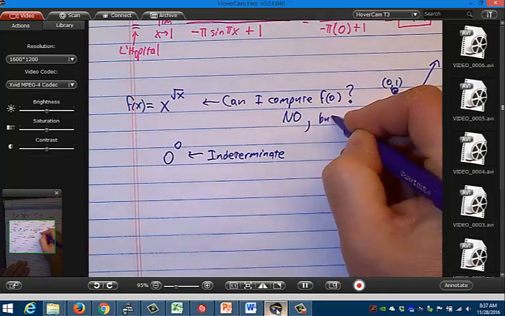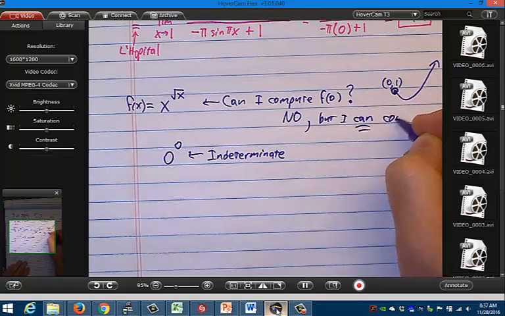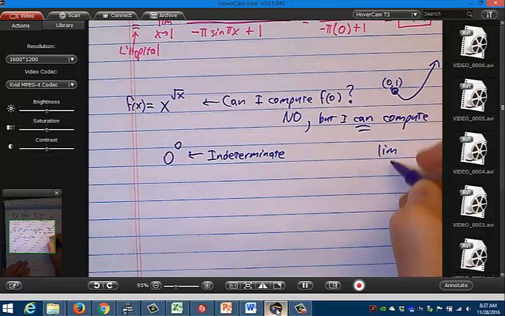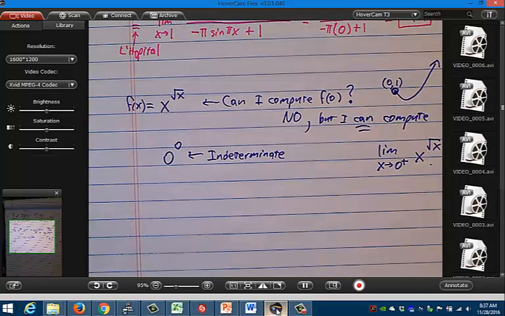But I can compute the limit as x approaches 0, say from the positive side, of x to the square root of x. And so that's what I want to show you how to do today.